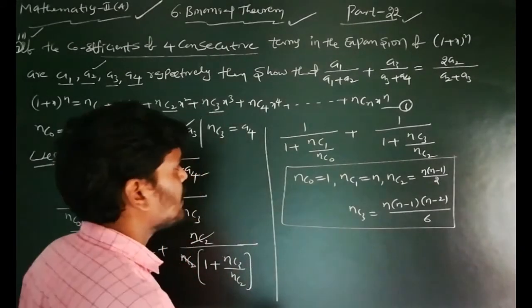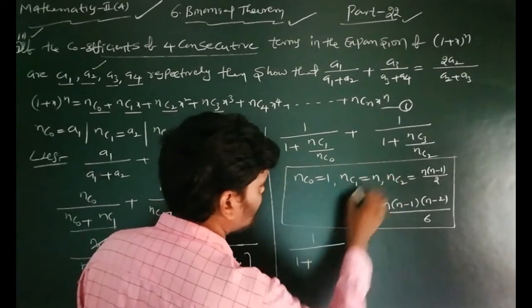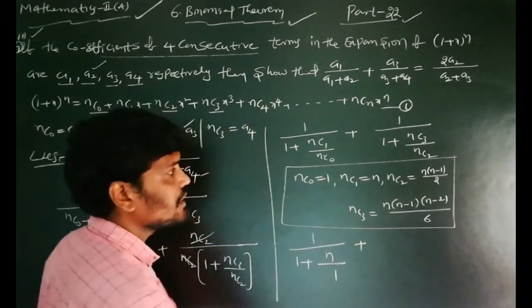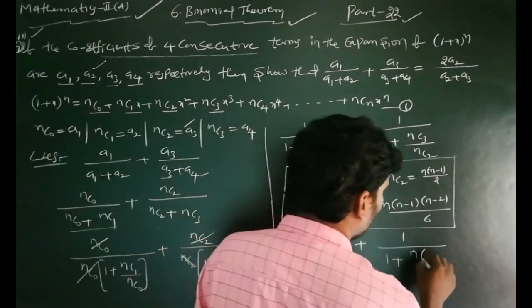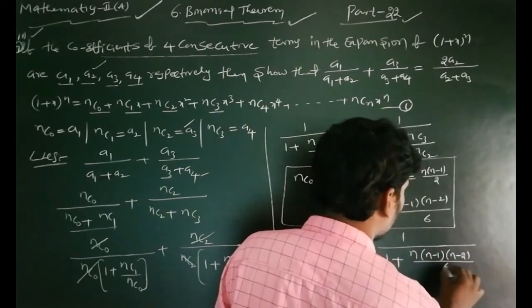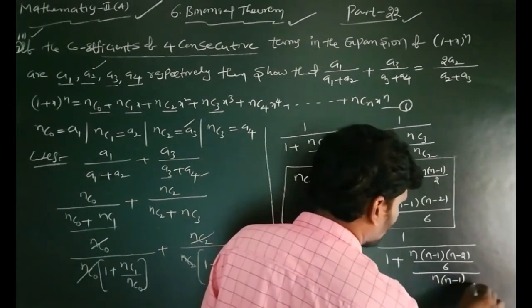In that formula, you can write 1/(1 plus nC1 value n by nC0 value 1) plus 1/(1 plus nC3 value n(n minus 1)(n minus 2)/6 whole by nC2 value n(n minus 1)/2).